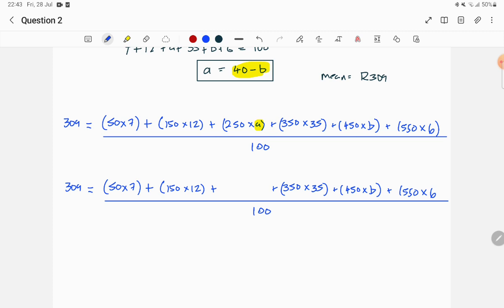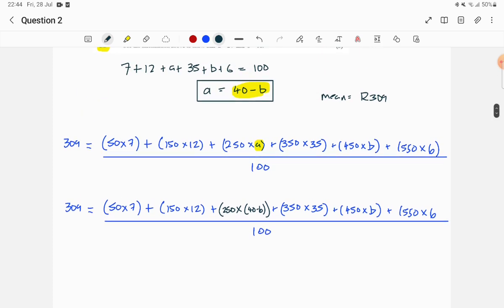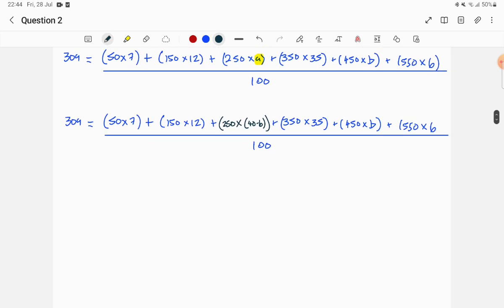So essentially it will be 250 times 40 minus B. This allows us to only have the variable B in it, and we can work out B, and then once we have B, we can work out A thereafter. So let's cross multiply and do some arithmetic.